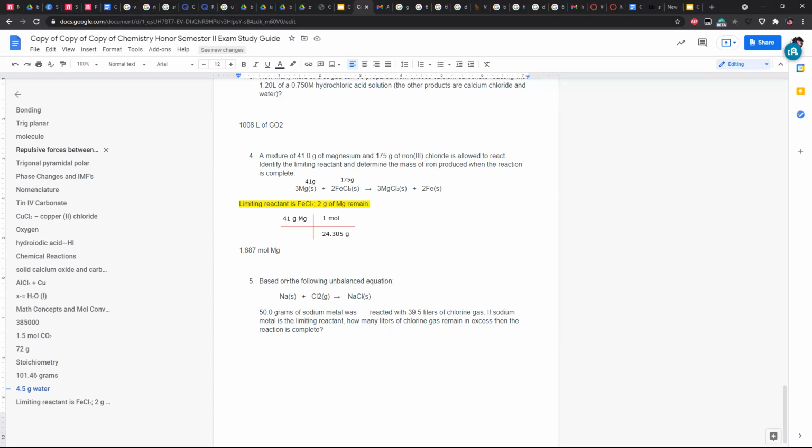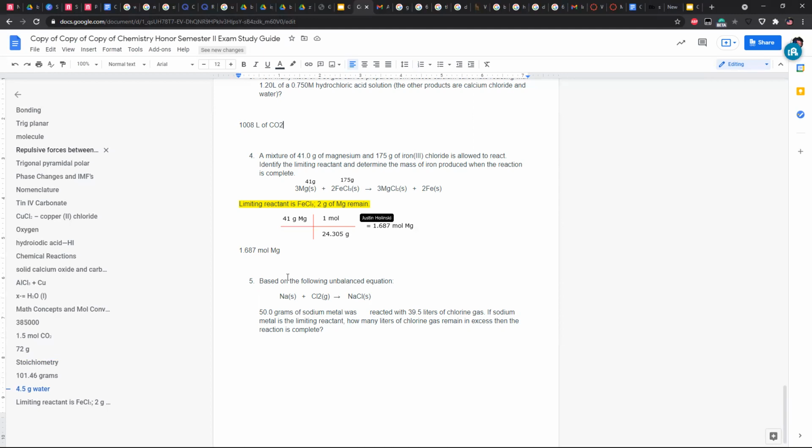So if we divide, we get 1.687 moles of magnesium. Now we want to do the same thing for our other reactant.